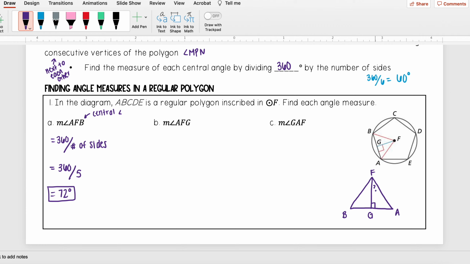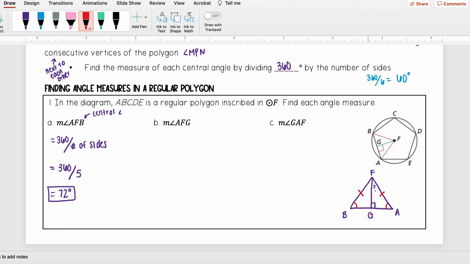With this triangle, since BF and FA are both radii, they are the same measure. So these two sides are congruent, which means I have an isosceles triangle, so these two angles are congruent.